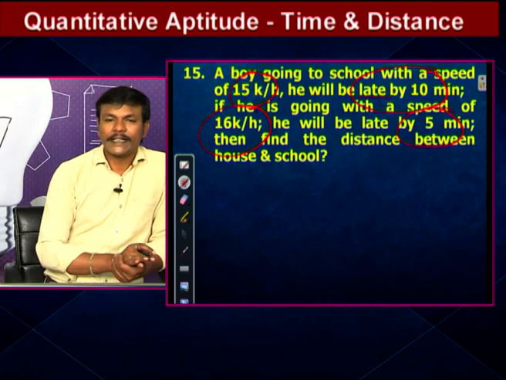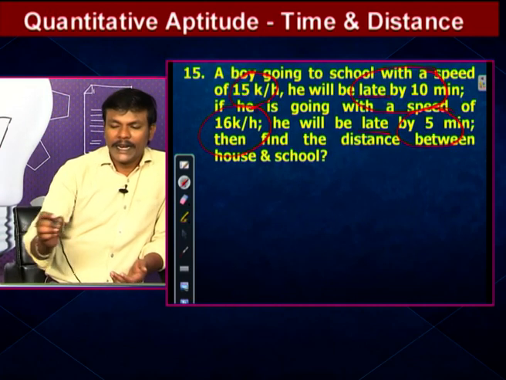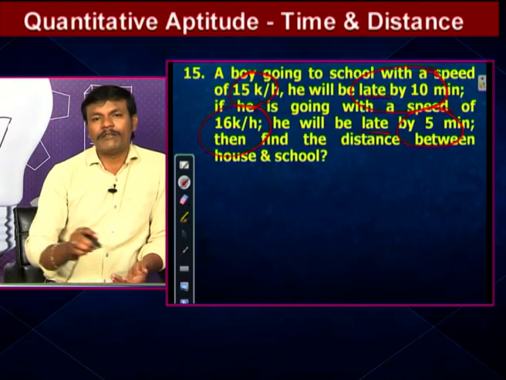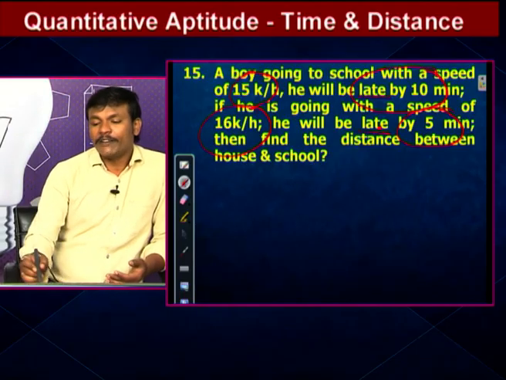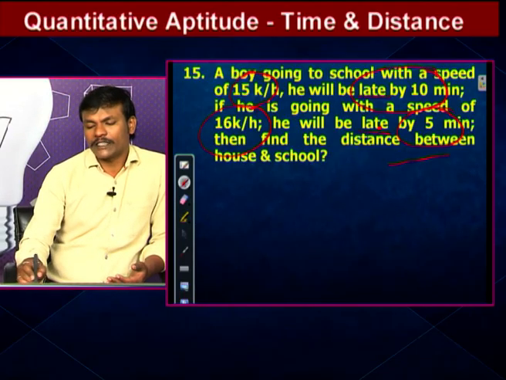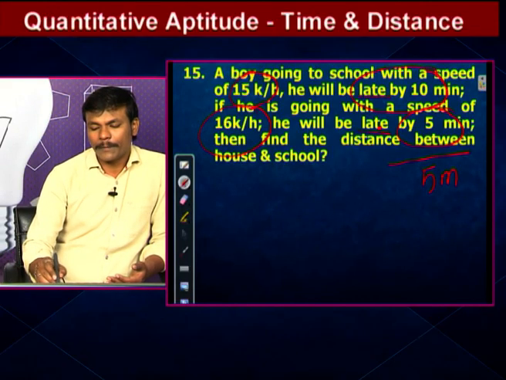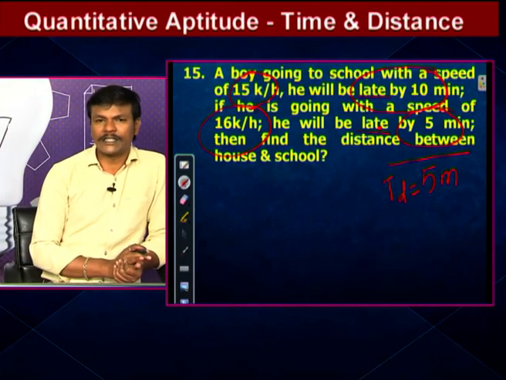In the before problem, one was late and another one was early. Late 10 minutes, if it was early 5 minutes, the difference of time would be 15. When we have both lates, the difference of the two terms is the difference of the time. So the difference of the time is 5 minutes, simple. Late or early is considered as difference of time.